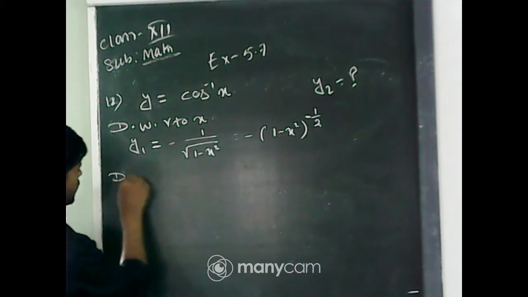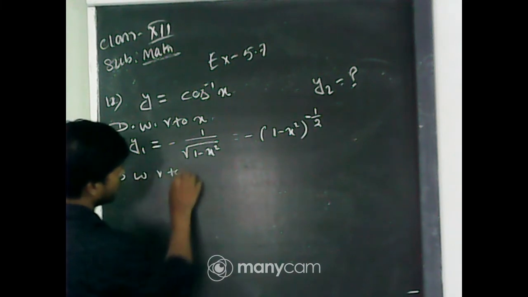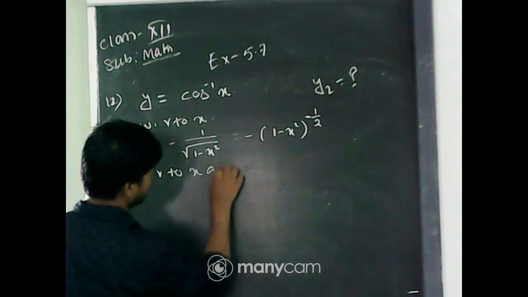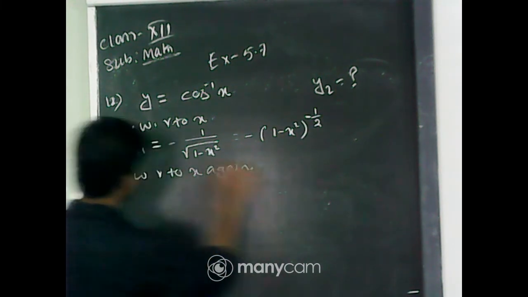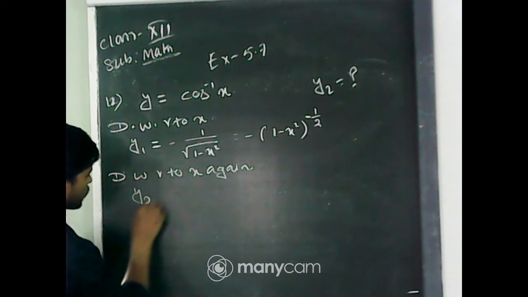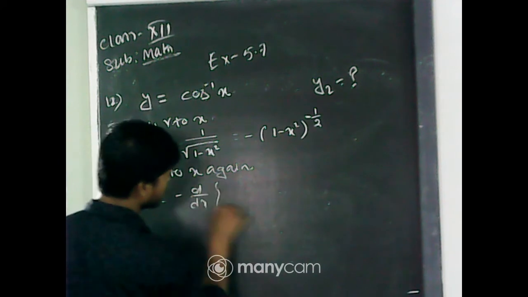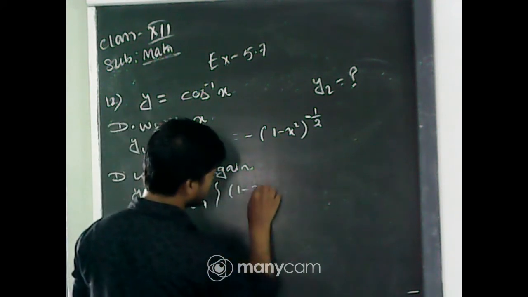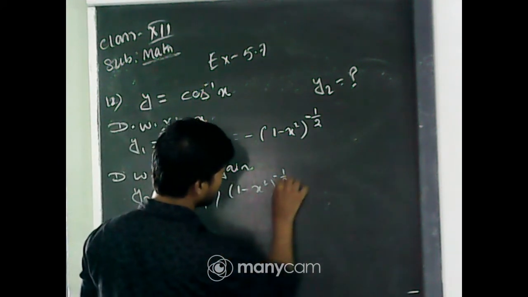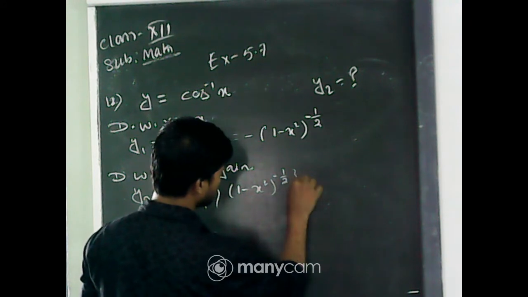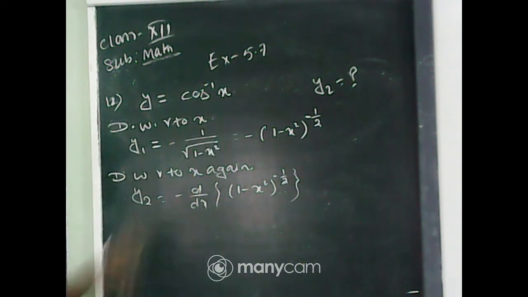So differentiating with respect to x again, the left hand side will be y2, that is equal to minus d/dx of (1 minus x square) to the power minus half. Now let's differentiate it.